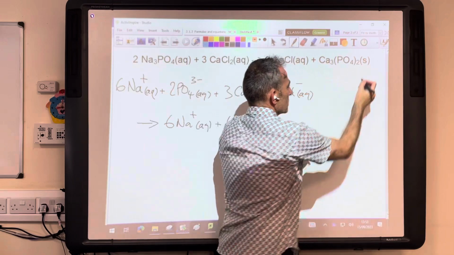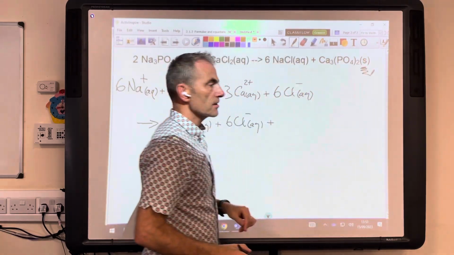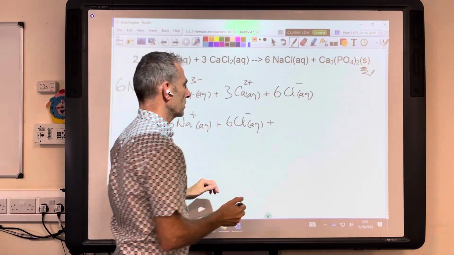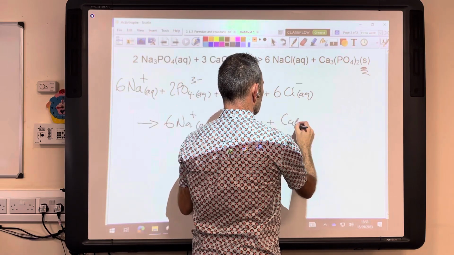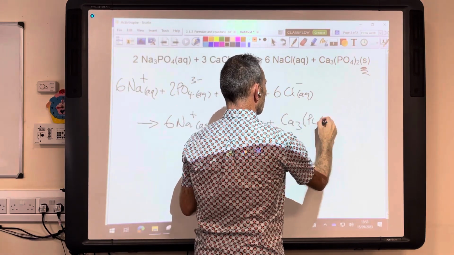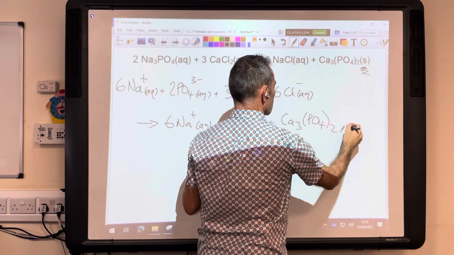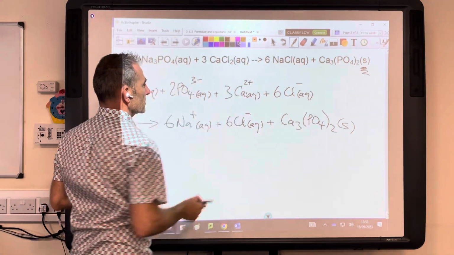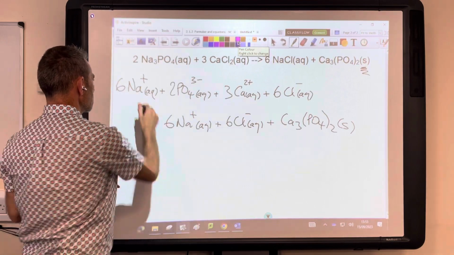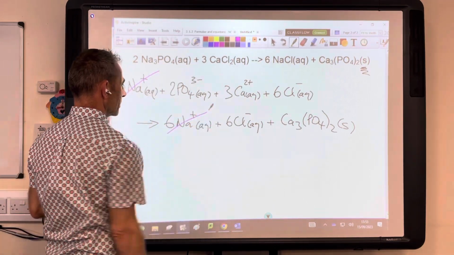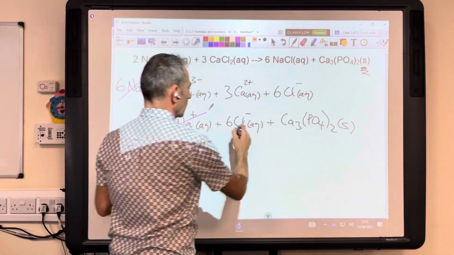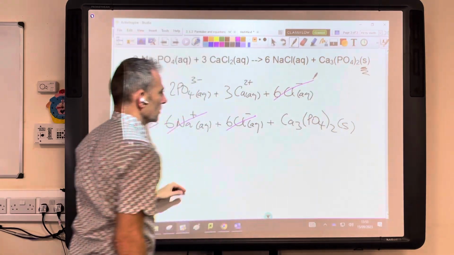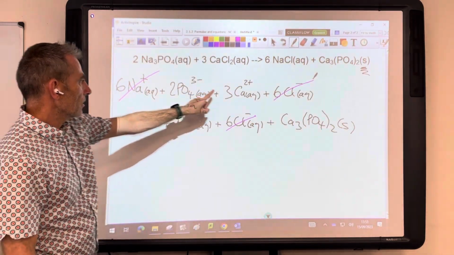Right, look, this is a solid, so I haven't seen a solid yet, so we'll leave it alone, Ca3 (PO4) twice, solid. Right, so let's cancel out the spectators. What can we cancel? 6 sodium ions, they go, and the chloride ions go as well. So there is the ionic equation.